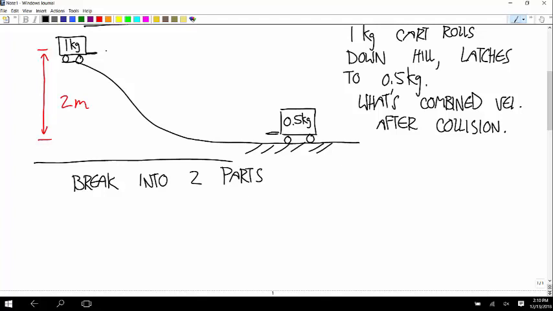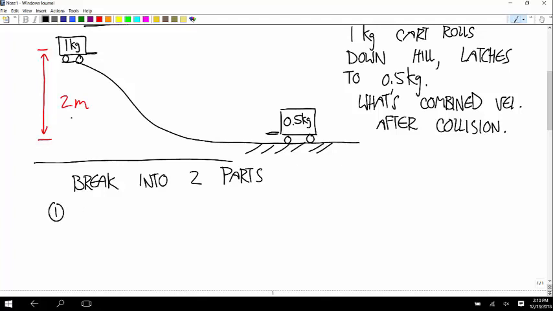Conservation of linear momentum just represents the instant right before the collision until the instant right after the collision. So that means conservation of energy is going to be used to go from the instant the cart starts rolling down the hill till the instant right before the collision, and then conservation of linear momentum after.